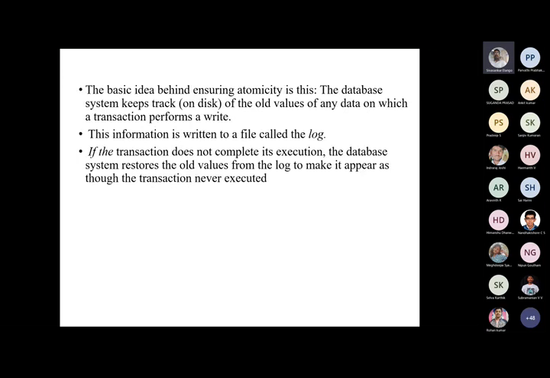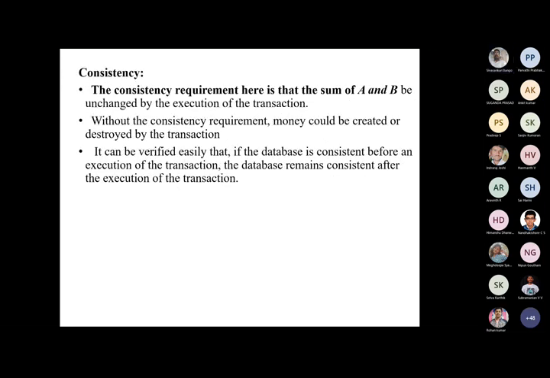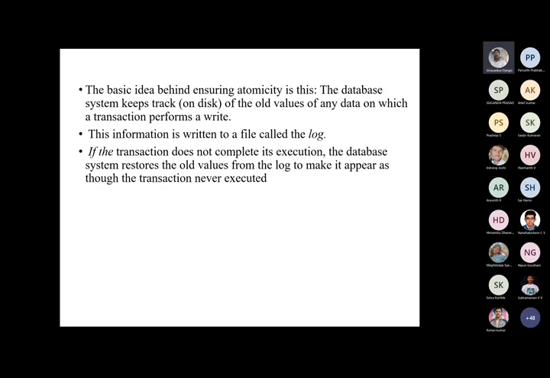For the atomicity property, we are going to use a log file. So whenever you are going to perform some write operations, you are going to write the information onto a log file. The log file basically contains the old values of the variable A and the new values of the variables A and B respectively, right? So at any point of time, if the system crashes, you are going to replace the variable values with the old values.